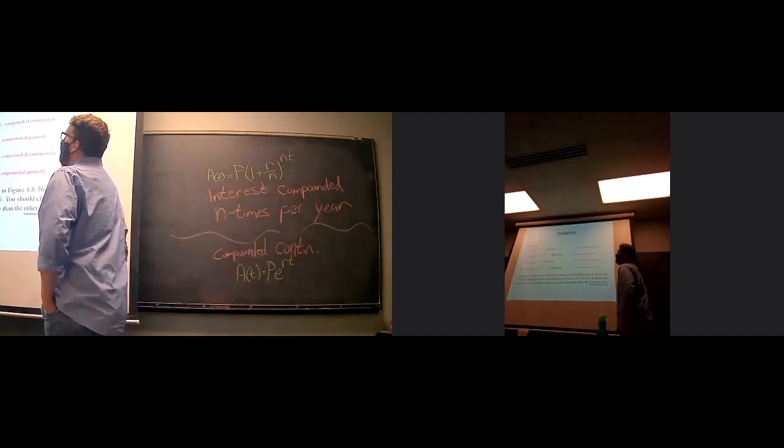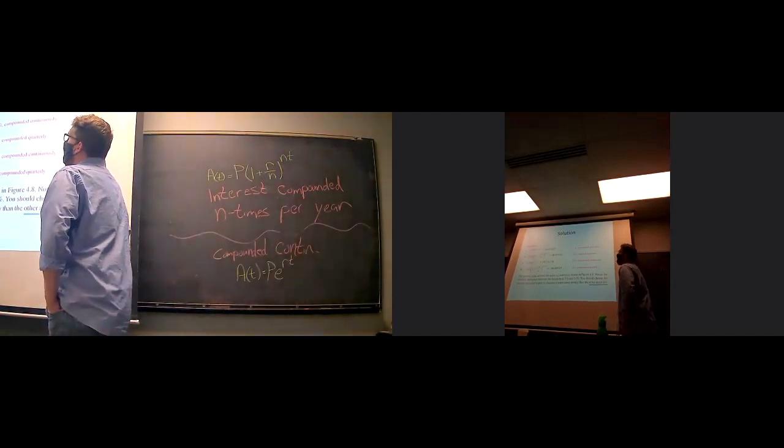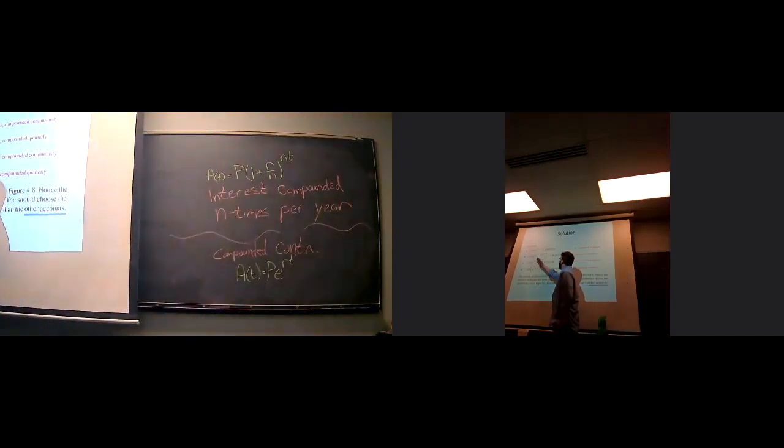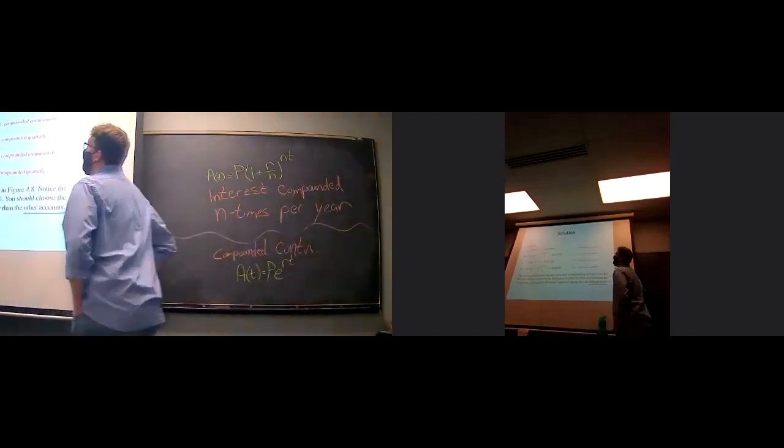So in the case where you start off with $12,000 and it compounds at 7% continuously, then in the end, you have $69,000.